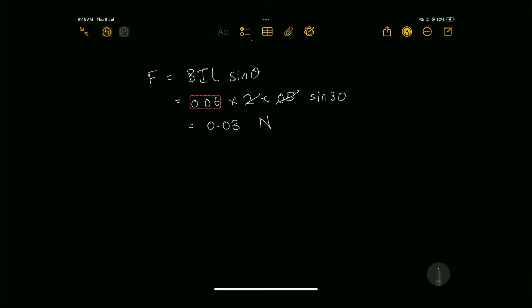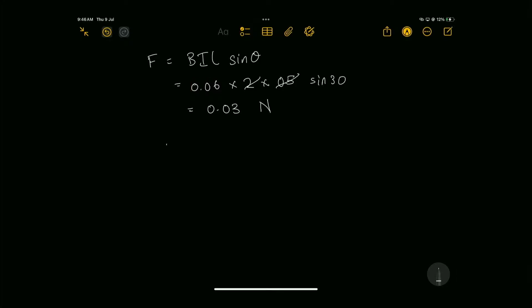Now part D, an electron enters a magnetic field of strength 0.5 Tesla with a velocity of 2 by 10 to the 8 meters per second. Determine the magnitude of the magnetic force on the electron. So in this question, we use F is equal to BQV sine theta, right? The external magnetic field is 0.5 Tesla.